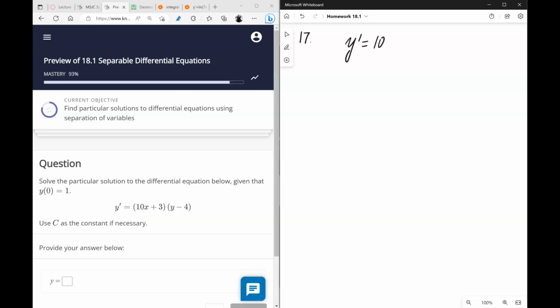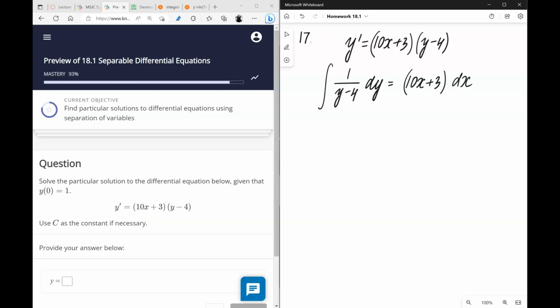y prime is equal to 10x plus 3 times y minus 4. So we have 1 over y minus 4 dy equals 10x plus 3 dx. So we integrate, we have ln of y minus 4 is equal to 5x squared plus 3x plus c.